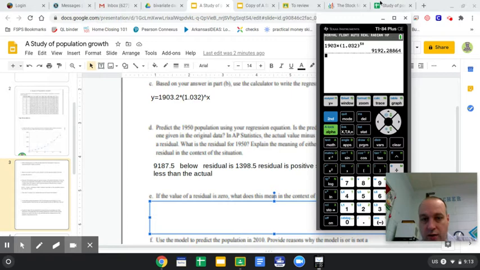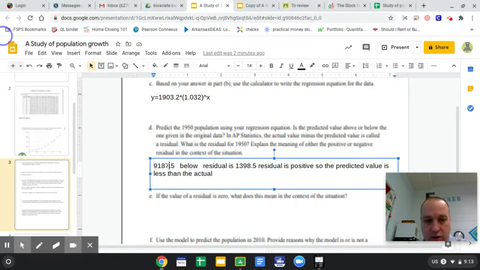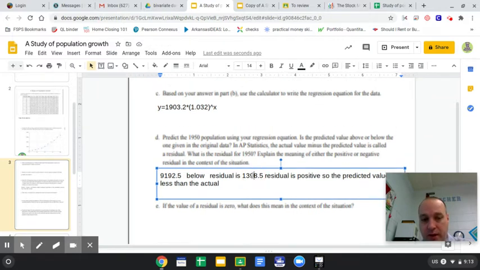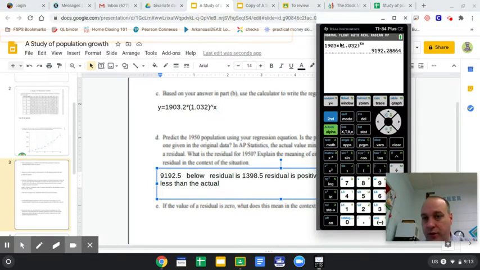So I should have gotten 1,192 right here. Which would have changed my residual a little bit, and so on. Okay? So just make sure you put the stuff in the calculator right. I did not put the right number right there.